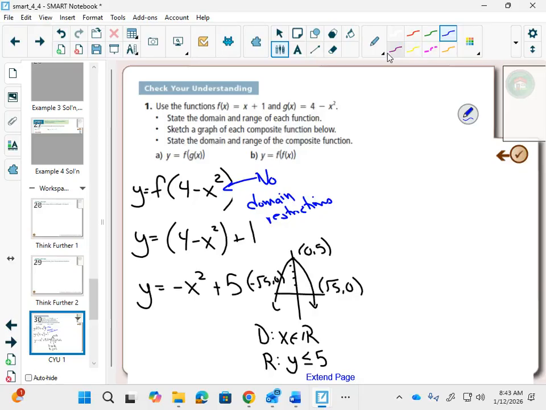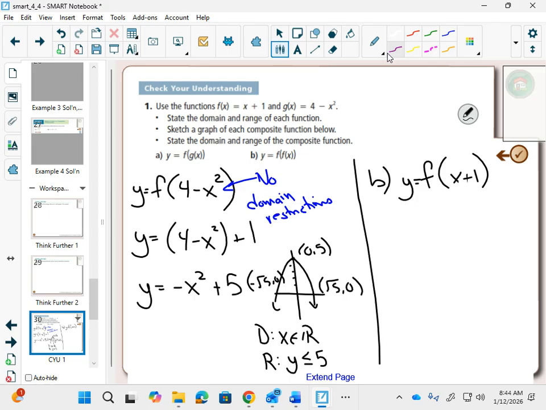So then here in part B, we want to find y equals f of x. So f of x is x plus 1. No domain restrictions there. And then anything you plug into f of x, you add 1 to. So if you plug in x plus 1, you get x plus 1 plus 1, which gives us x plus 2.